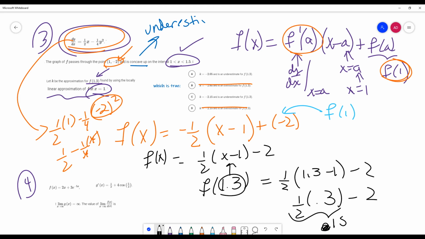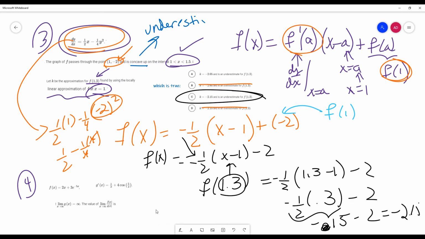Oh, I'm sorry, this is -1/2. I left off a negative. My bad. So it's -0.15 minus 2, which is -2.15. So it has to be that value. Okay, all right. I know I did that kind of fast, a little bit all over the place, but hey, you're pretty smart. So if you have any questions, give me a holler.